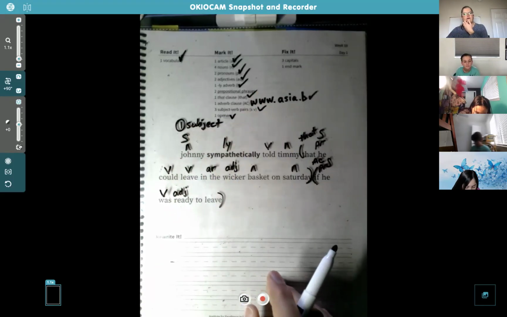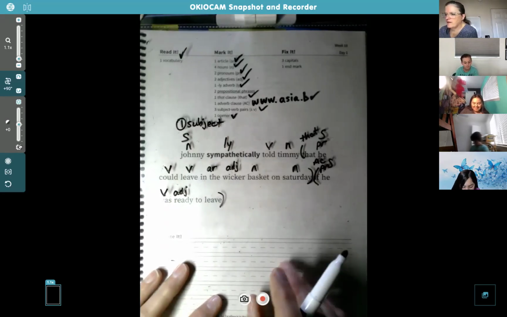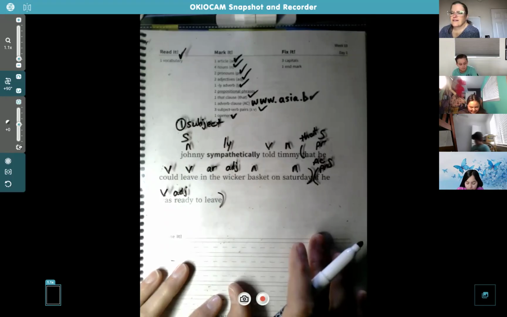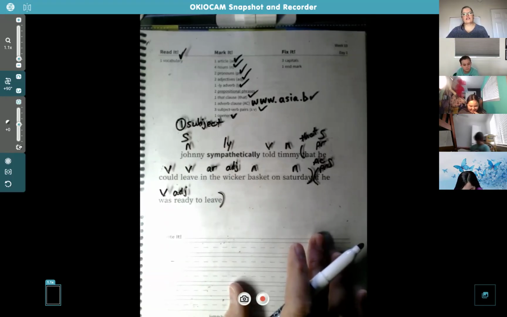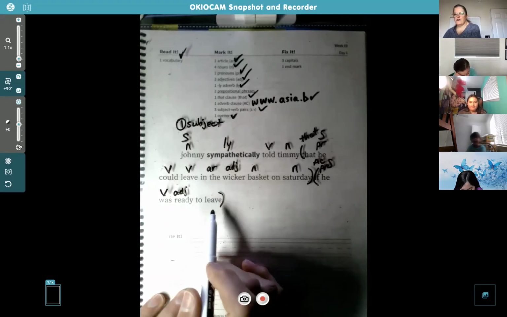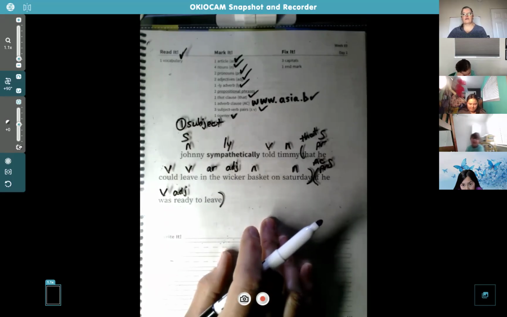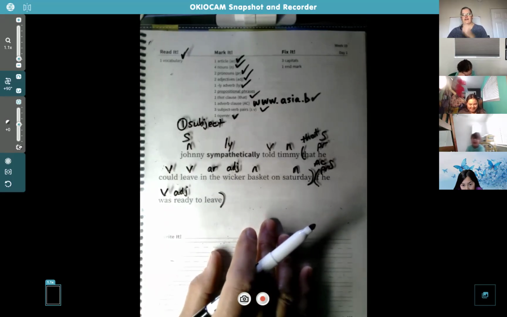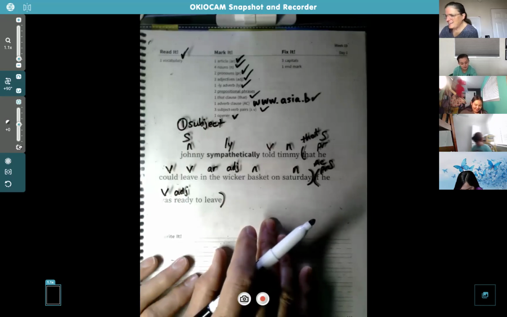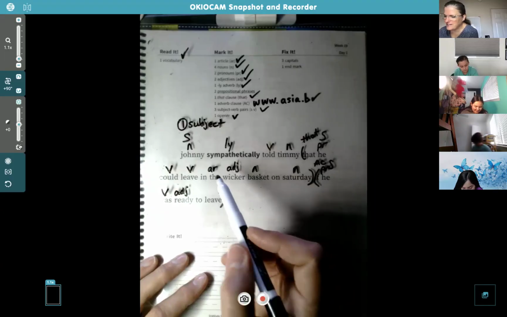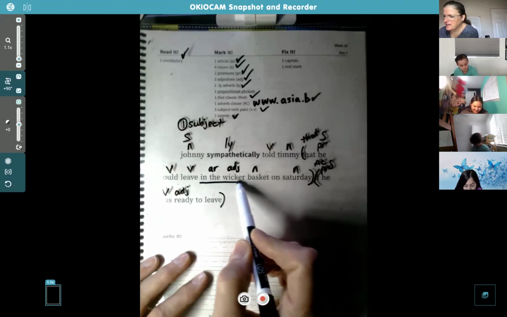So, Malia, do you see where the prepositional phrases are? You're going to look for the words that don't have a label yet. There's a few of them. It's not going to be to leave. I see one. It's not to leave, but it's some other ones. Actually, I see two that are unlabeled. Don't tell her. She's looking. In. Yes, good. In what? What's the whole phrase? In the wicker basket.